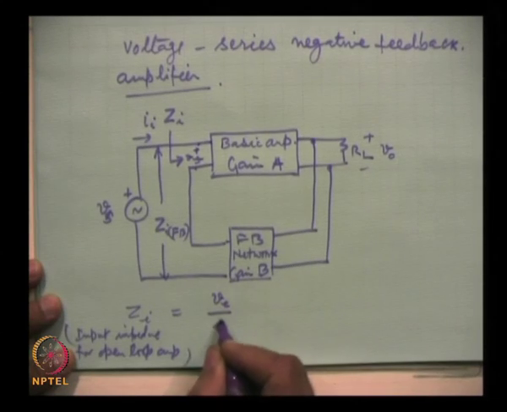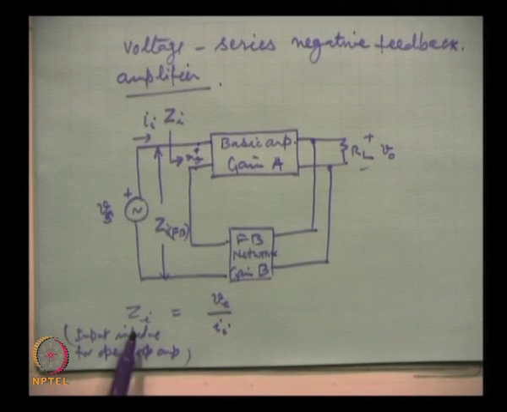This Z I is the impedance without feedback, open loop impedance.